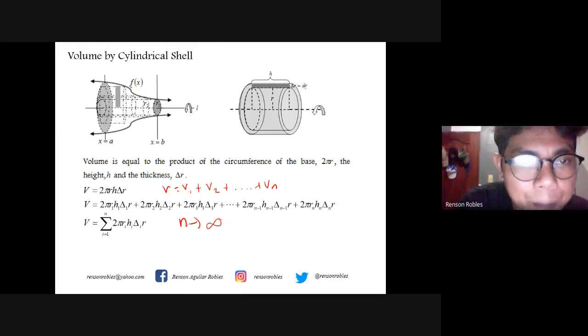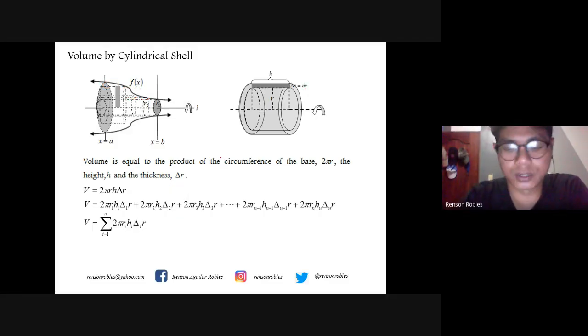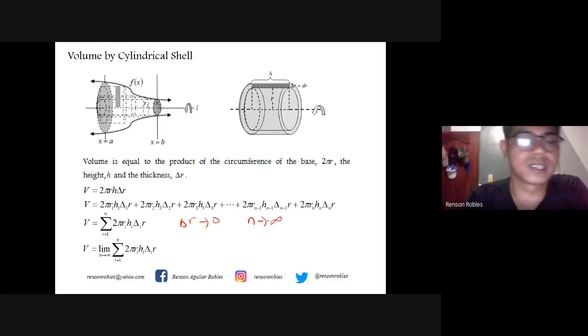To get the best approximate volume, to eliminate the errors found when you divide it into a series of cylinders or shells. When you do that, delta r approaches 0. Then you take the limit of it, and that's the integral.